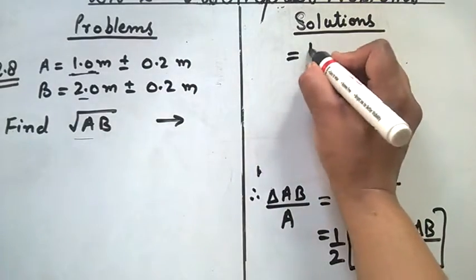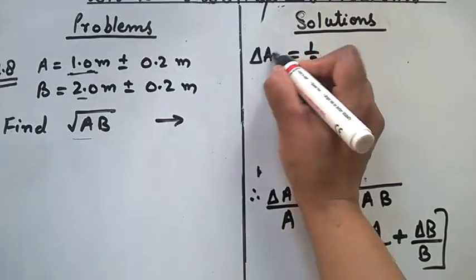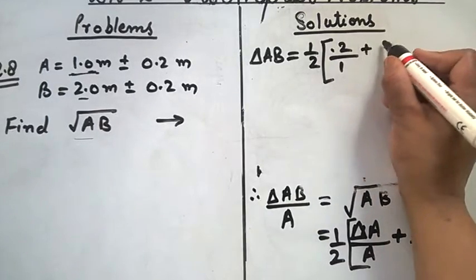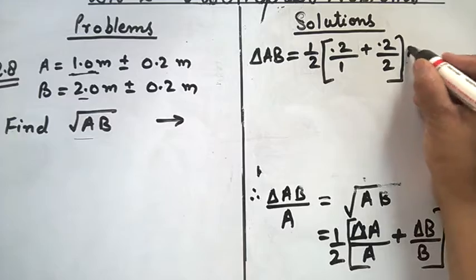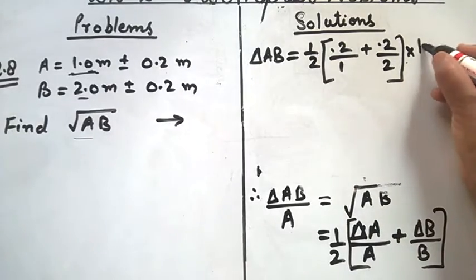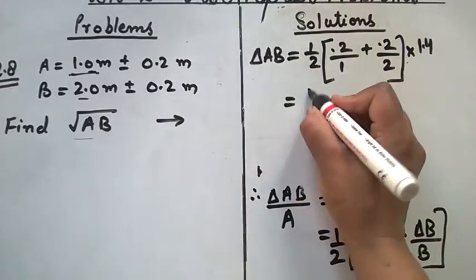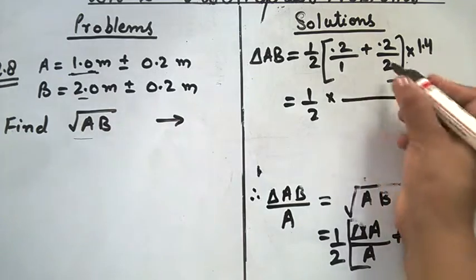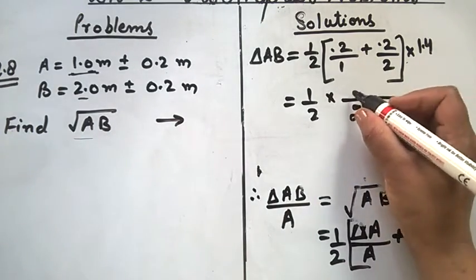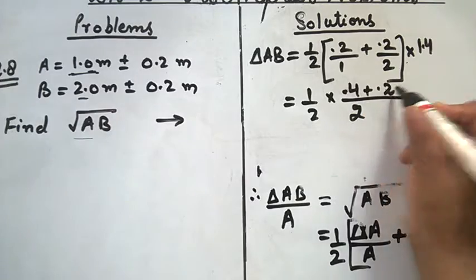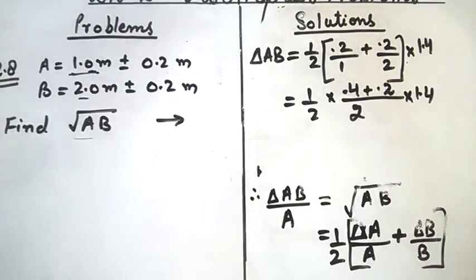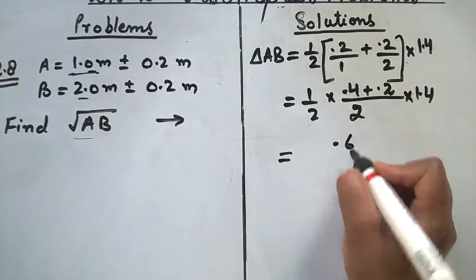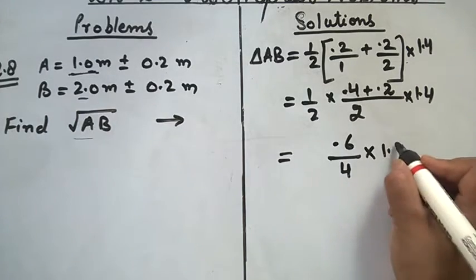It is equal to half of 0.2 by 1 plus 0.2 by 2, into the value 1.4. Half into, it is 2, and here it will be 0.4 plus 0.2, into 1.4. So its value is 0.6 by 4 into 1.4.